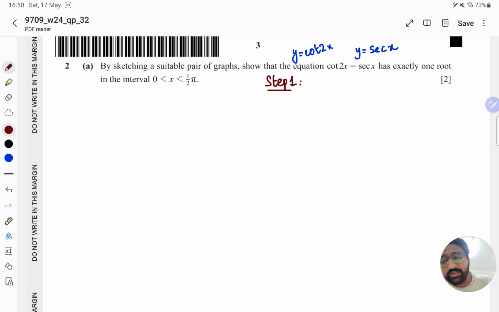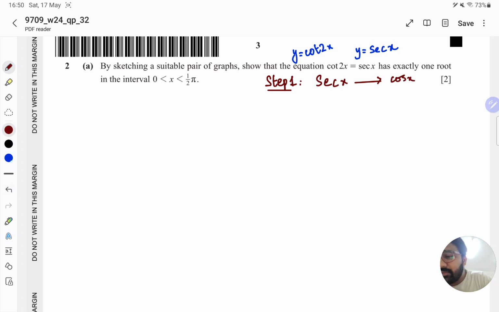So I will draw first of all the graph of, I know that secant x is basically related to cos x. Let me write it, cos x.